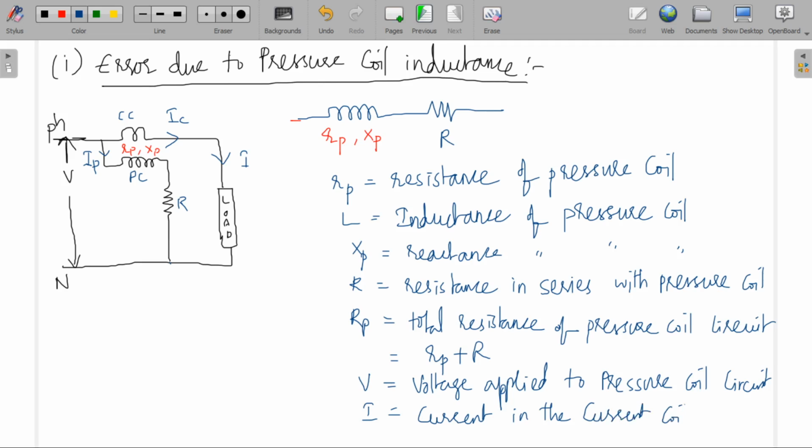Next, IP is the current in the pressure coil circuit.